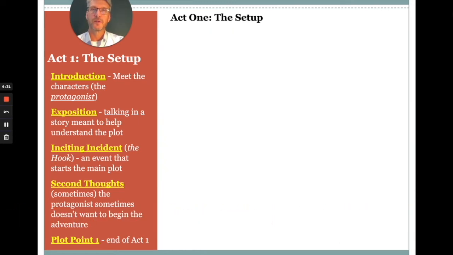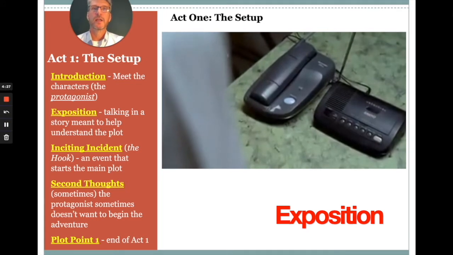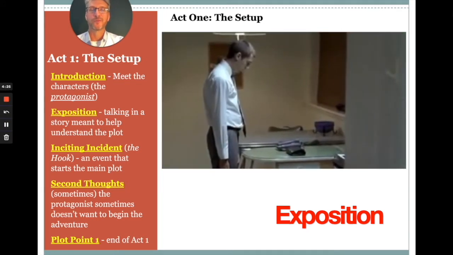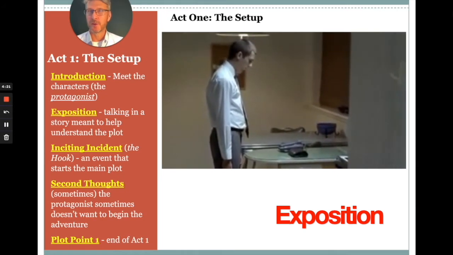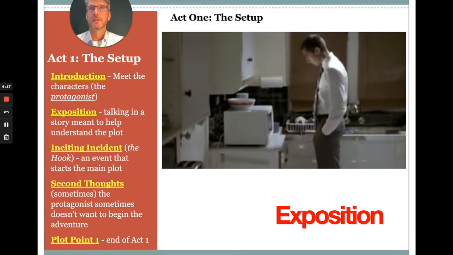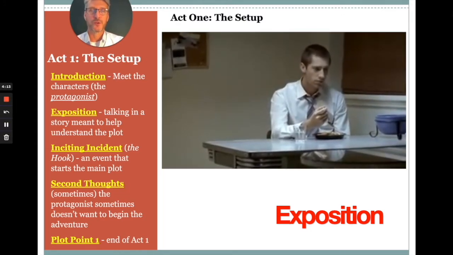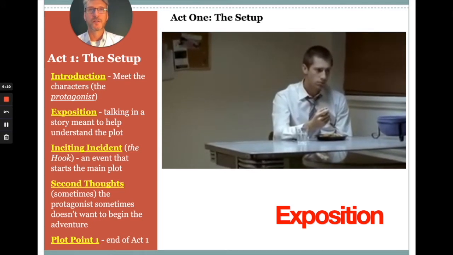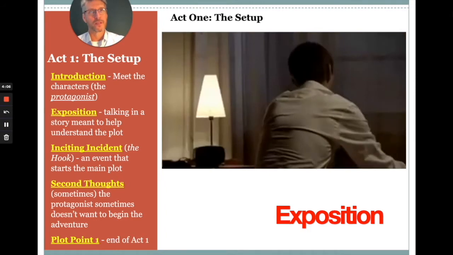Then there's another term called exposition. Exposition is background information. This is the way for the story to tell you, the viewer or the reader, to decide whether or not you like the story. They give you a lot of information, usually in the beginning, so that you understand who the characters are and what's likely to happen in the rest of the story.